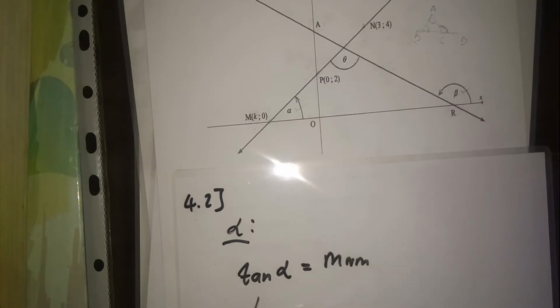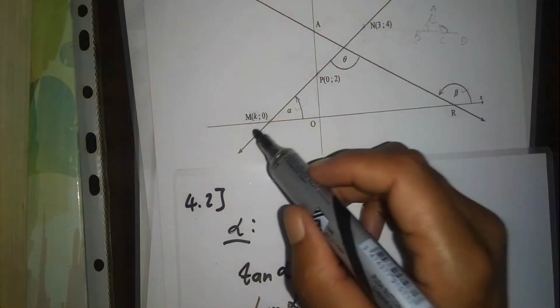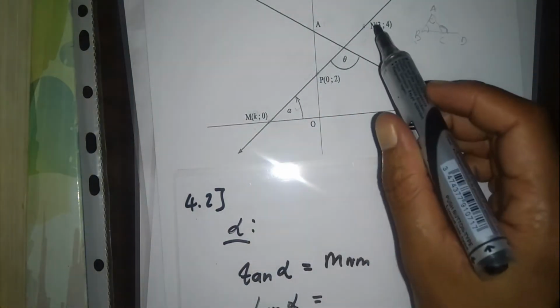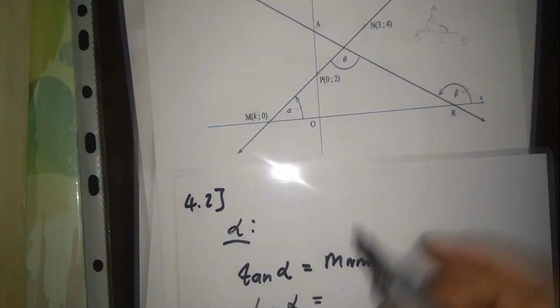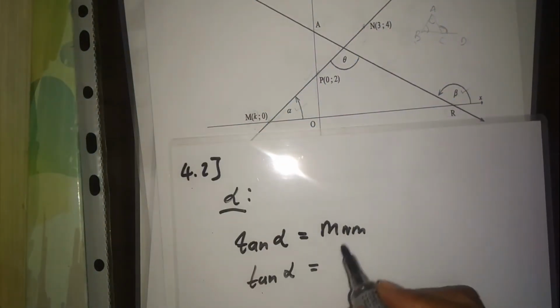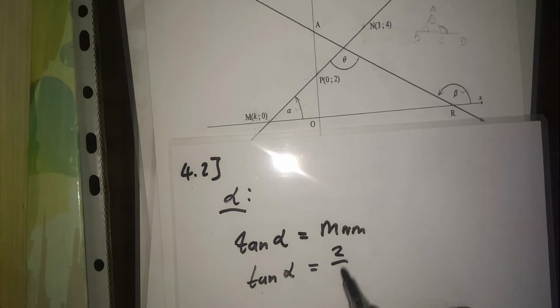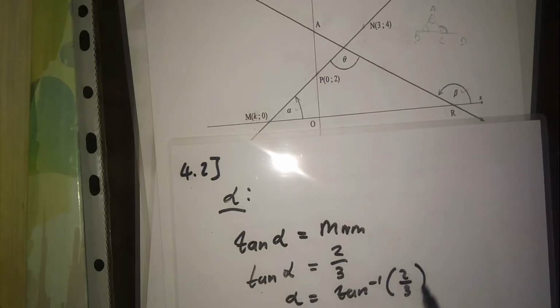Okay, so tan alpha is equal to, angisho lama points are linear la. It doesn't matter to sebenzisa yiphi gradient la, ne? So the gradient of nm is the same for all points, which is 2/3. So alpha is equal to arctan of 2/3.